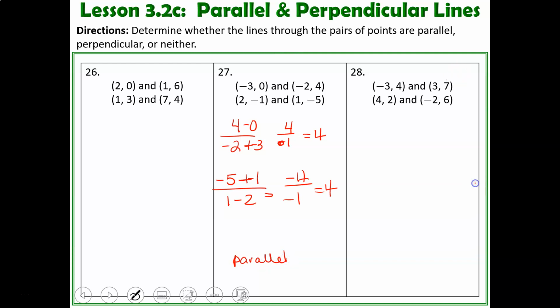Okay, the last one. 7 minus 4 over 3 minus negative 3 gives me 3 over 9, which is 1/3.